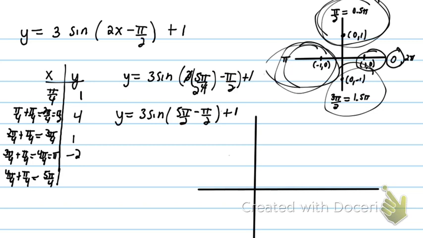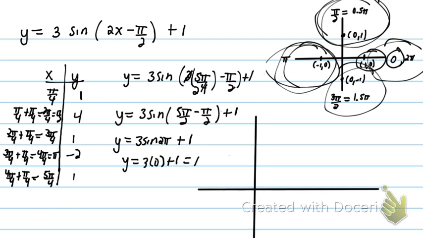Now look at that. 5 pi minus pi becomes 4 pi over 2, which is 2 pi, which it should be. We should have been right back here. Sine there is 0, correct? Which gives you 1. You getting it? You got it? Okay. All right, good, good.